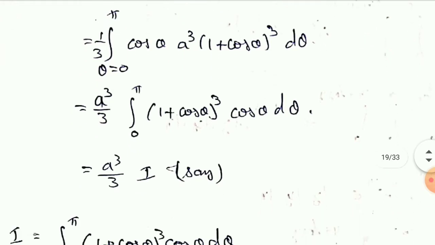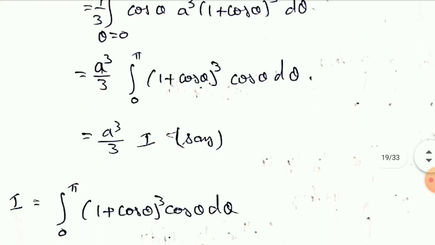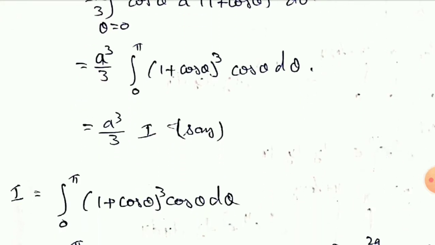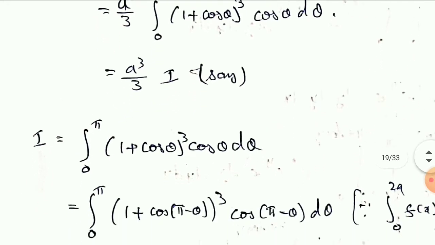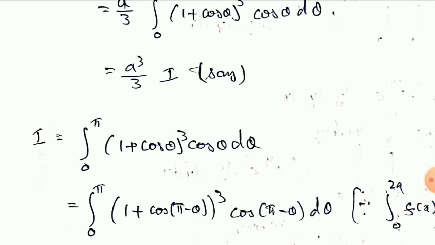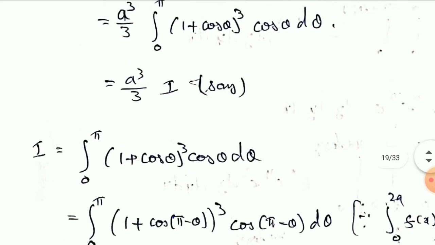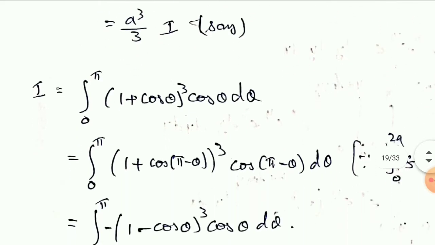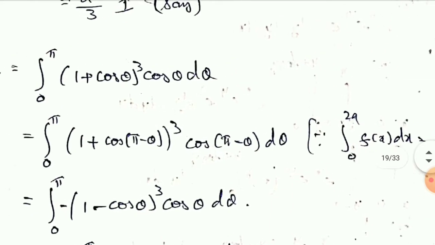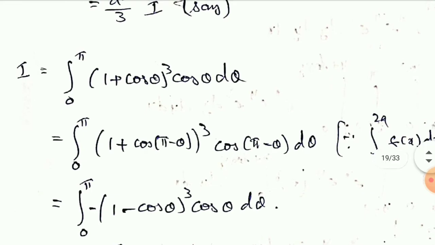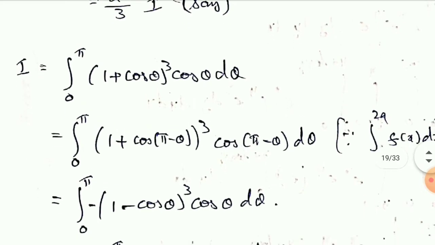Now in order to evaluate that, I am first calculating that integral value. I suppose the entire integral, 1 plus cos theta whole cube cos theta d theta from 0 to pi, is I. Either you can use a particular formula, or I give you the easiest principle for this type of condition.